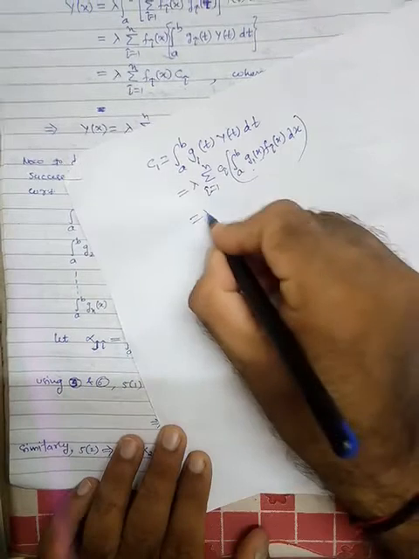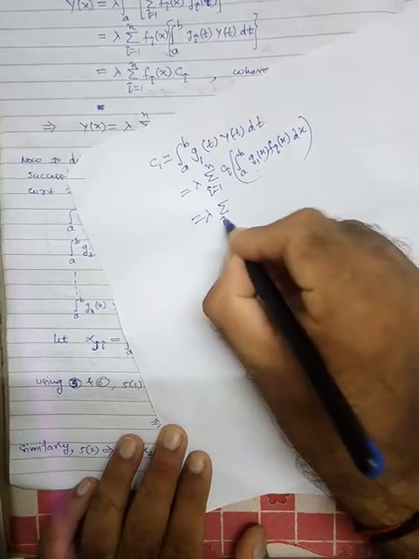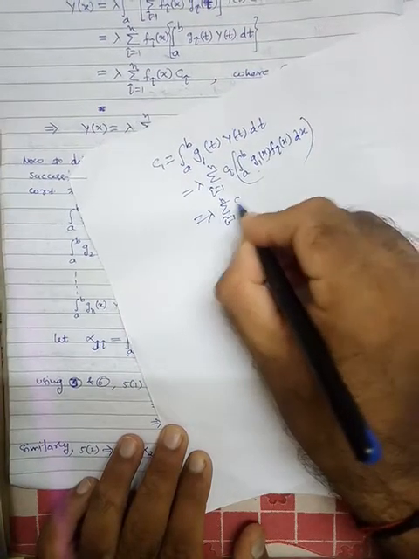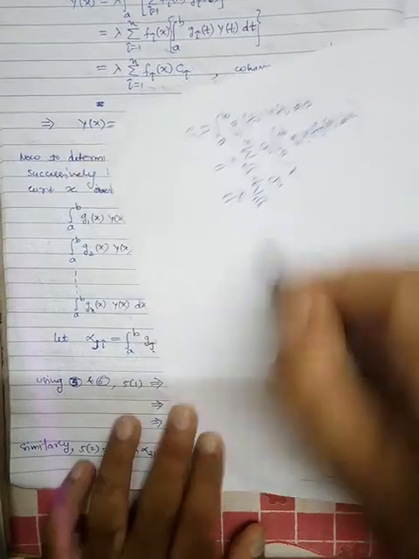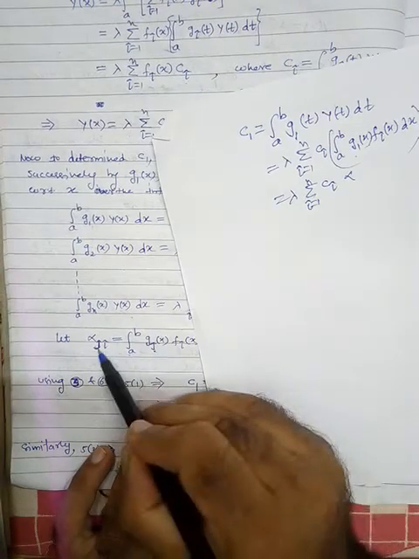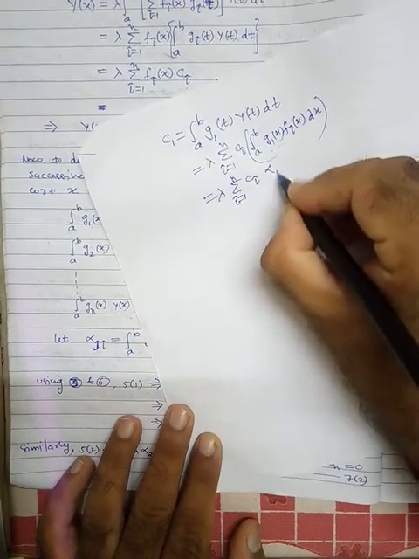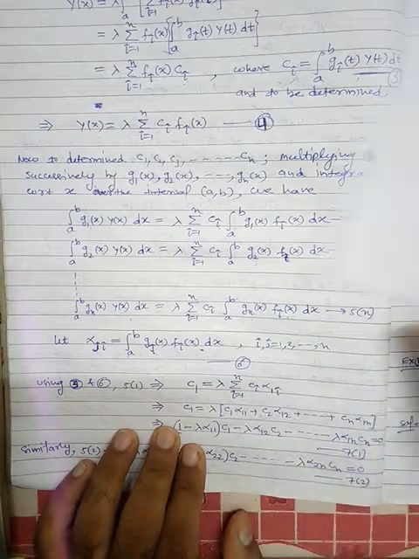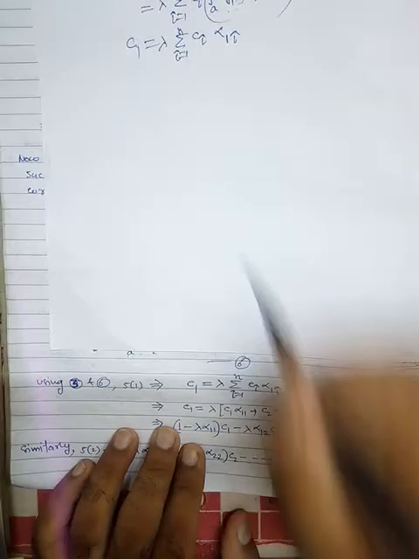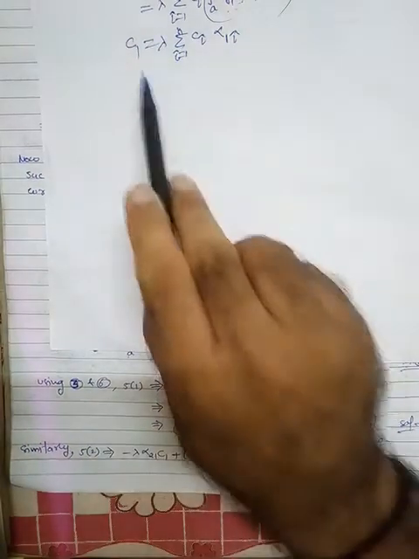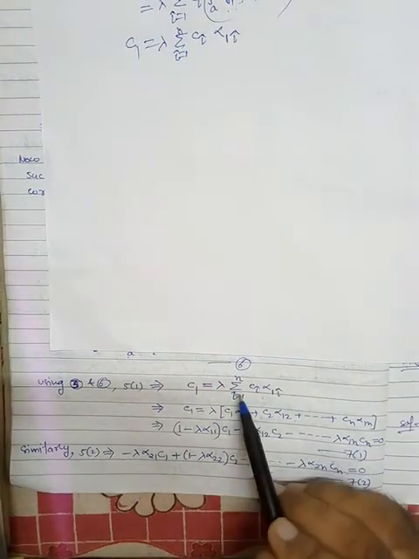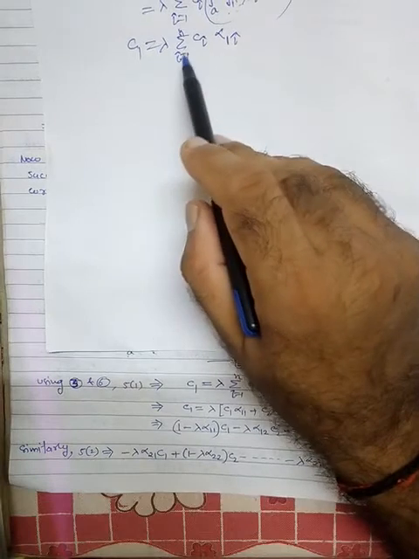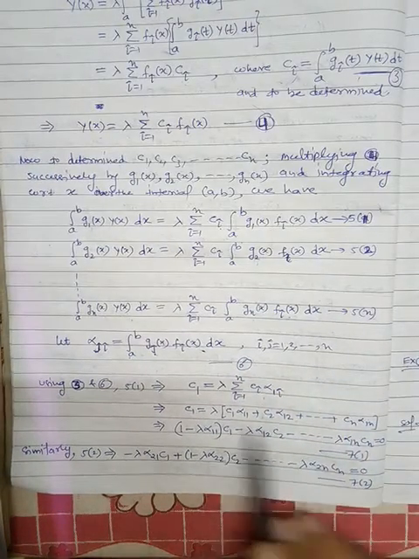So this will be lambda summation i from 1 to n of c_i alpha_1i, where j is 1. This is written here. So I think you understand, c_1 is equal to this summation, this expression. Now expand it: put i equal to 1, i equal to 2, i equal to 3, up to i equal to n, so we get this expression.